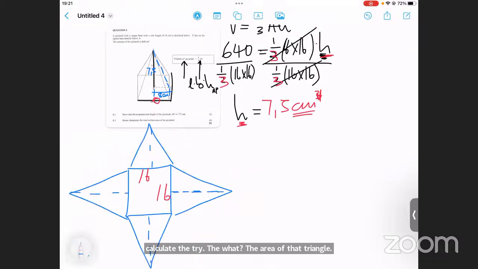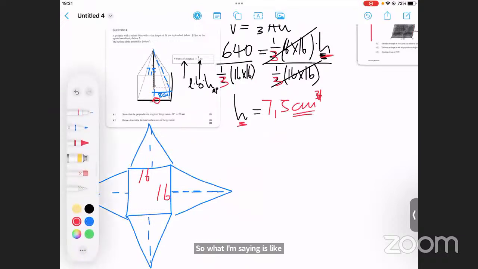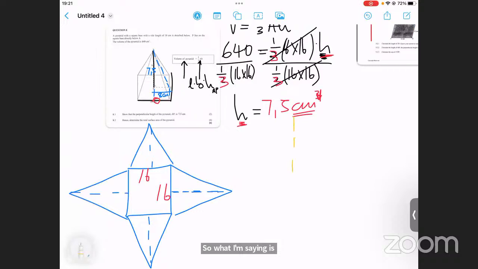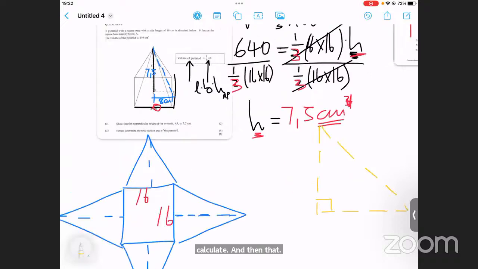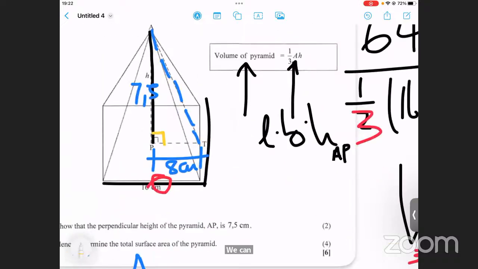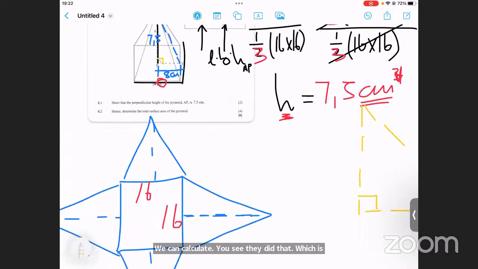So what I'm saying is, this we can calculate, and then that we can calculate. You see, they did that there, which is an indication that it is a right-angled triangle.